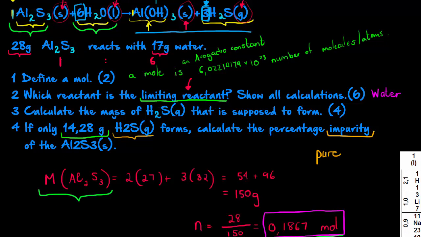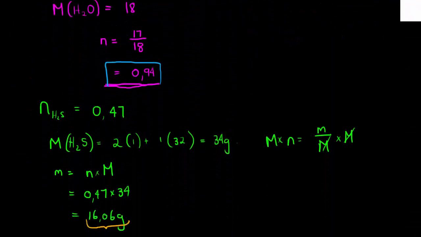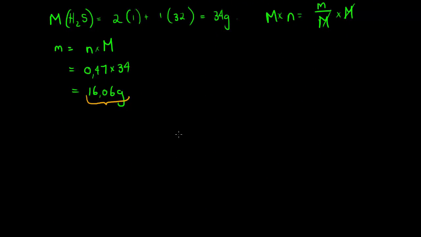So the question is, the percentage impurity of dialuminium trisulfide would refer to, after the reaction, the mass of dialuminium trisulfide.